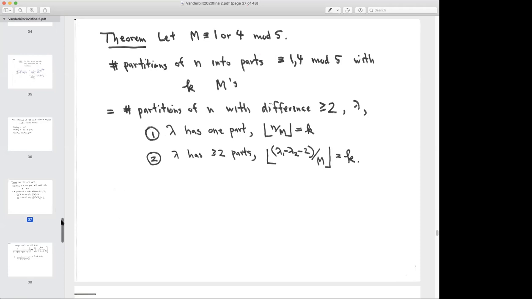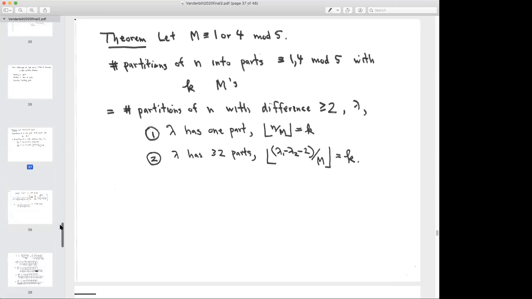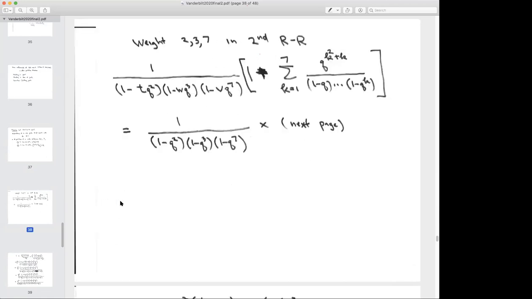Well, we did lots more. For example, we figured out, suppose I had the second Rogers-Ramanujan and I weight the 2s by a T, the 3s by a W, and the 7s by a V. Can I tell you what happens on the other side? The answer is yes. I can tell you combinatorially what happens.